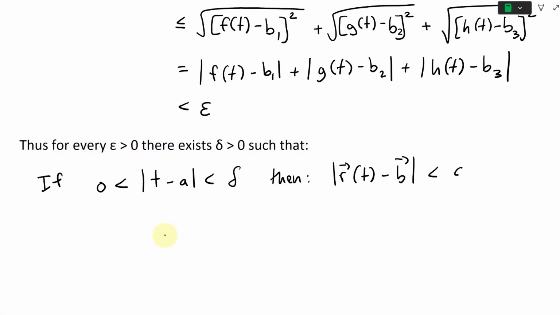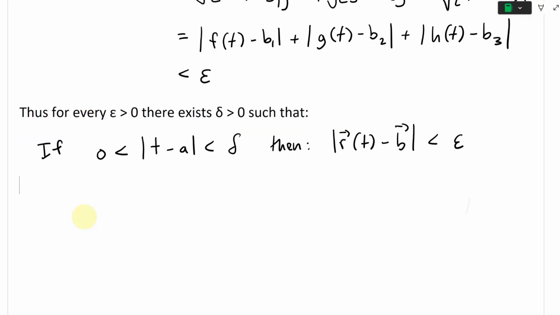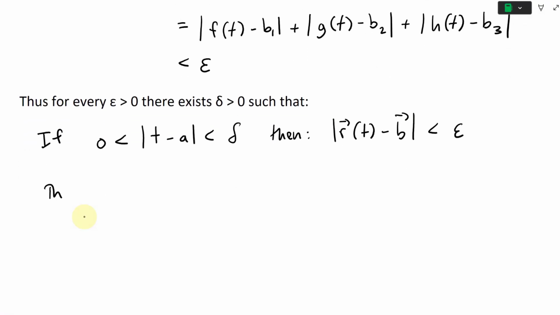Thus our initial statement is true. We assumed the vector limit existed, and now we proved that it does by the precise definition.